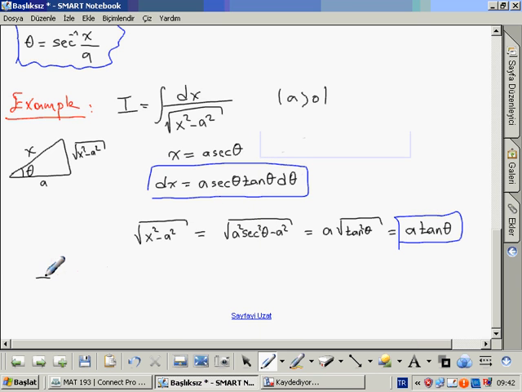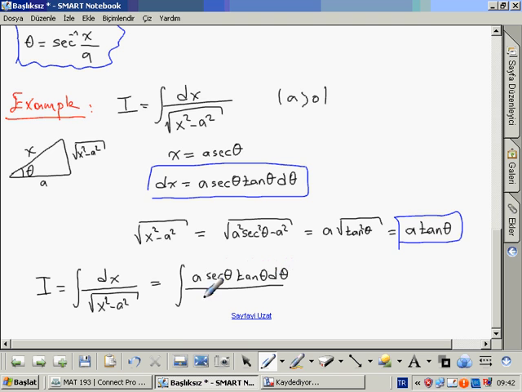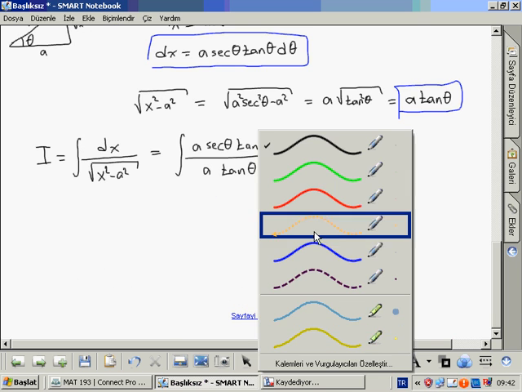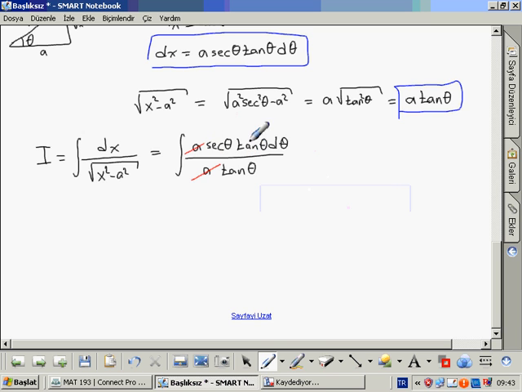And when you put these inside the integral, the integral equals a secant theta tan theta d theta over a times tan theta, and this part will be cancelled.